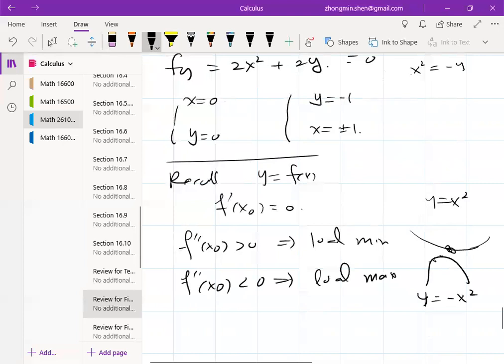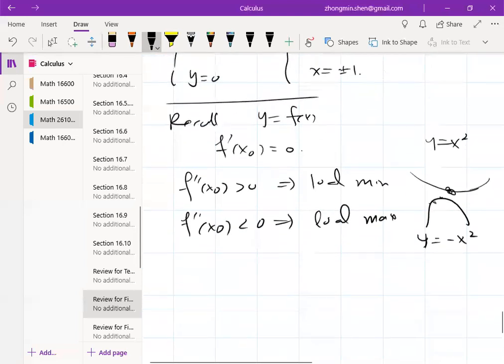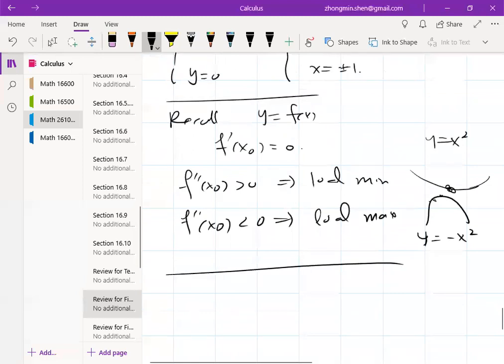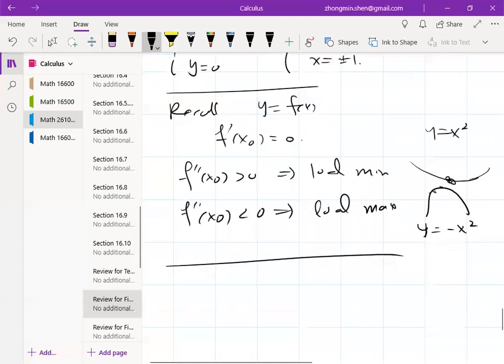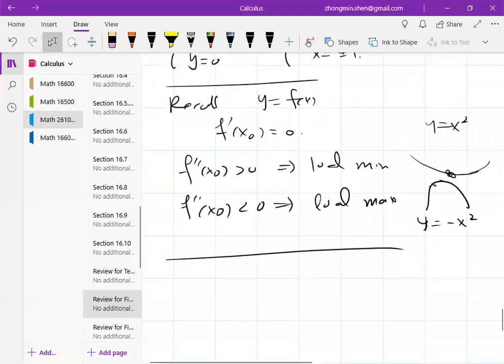Concavity. So in the 2-dimensional case, you get partial derivatives. Actually, you get a matrix.